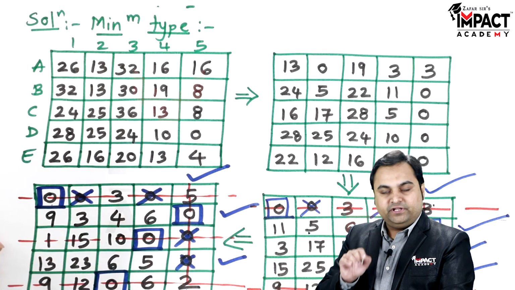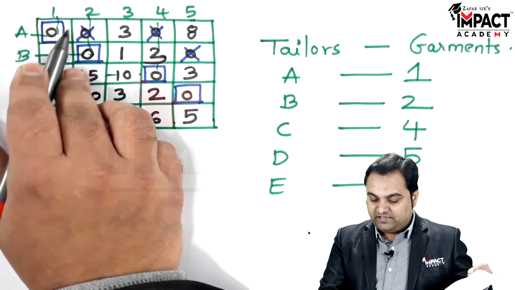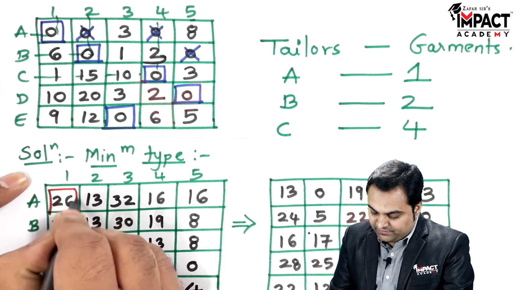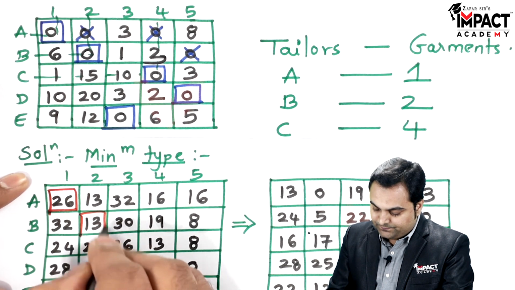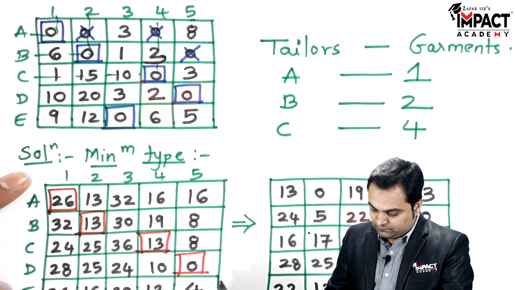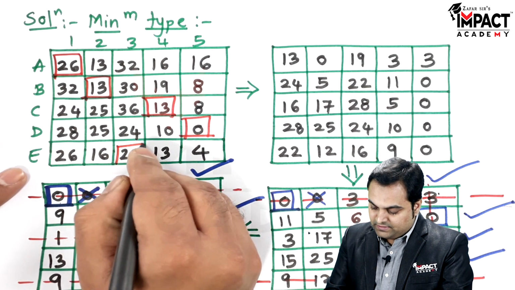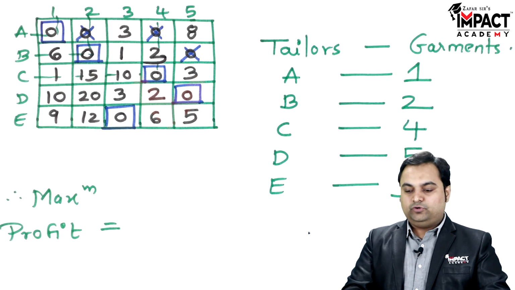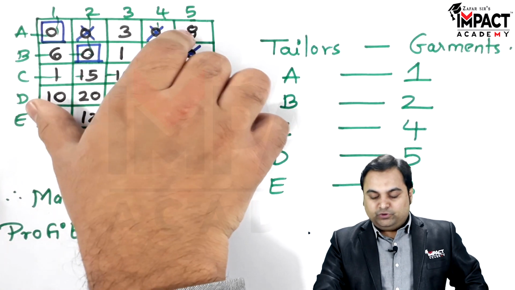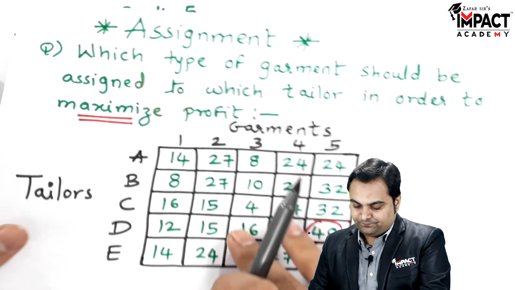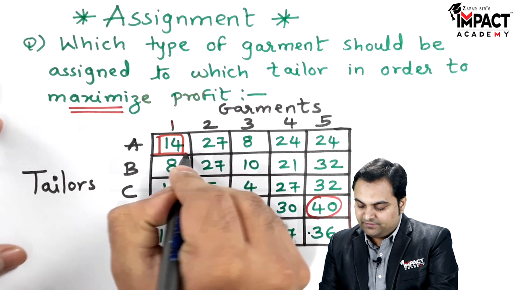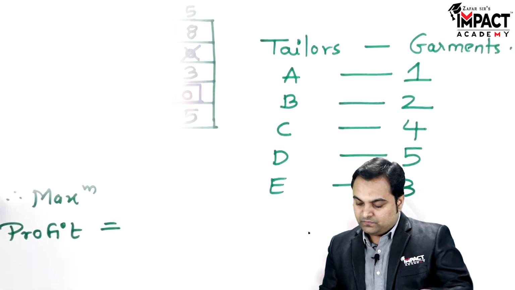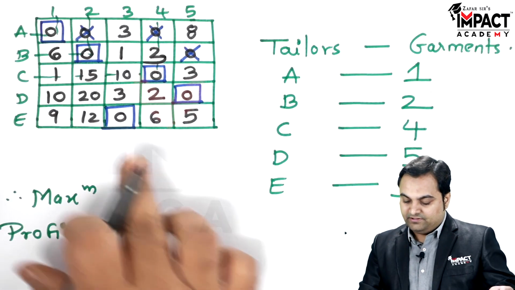So putting the assignments over here, like for example the assignments which I made here, similarly we have to put the assignment in the original question. So here this was the first assignment, next second, then third, next fourth, and the fifth assignment.